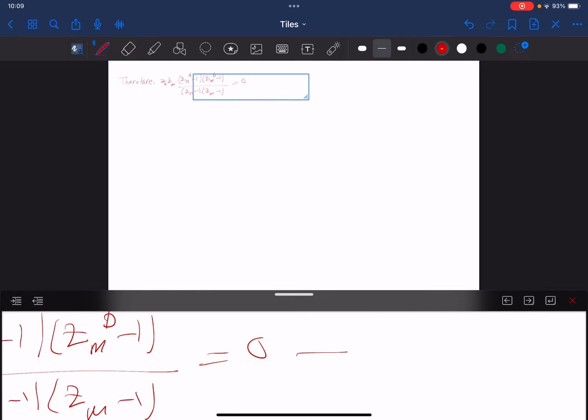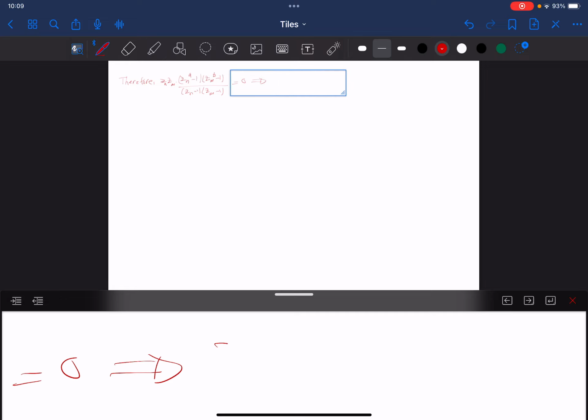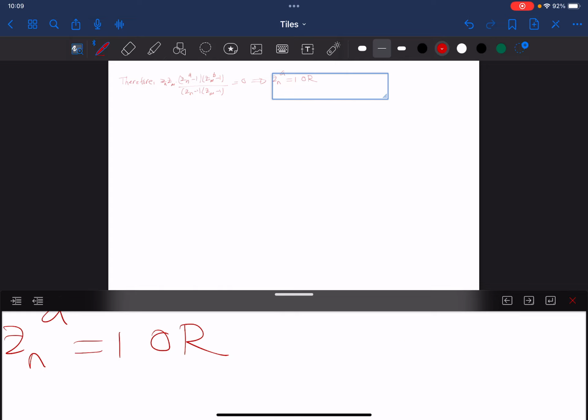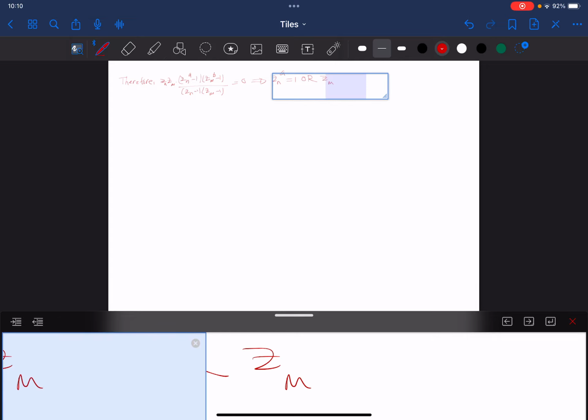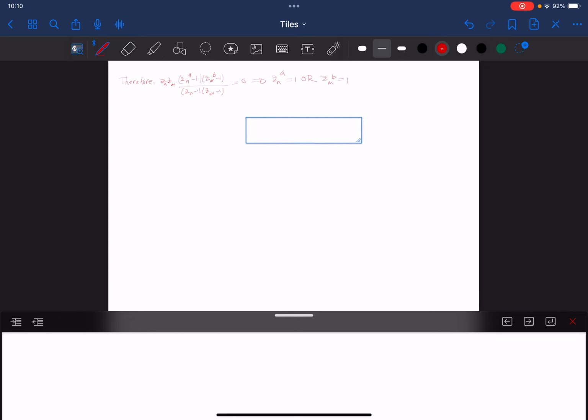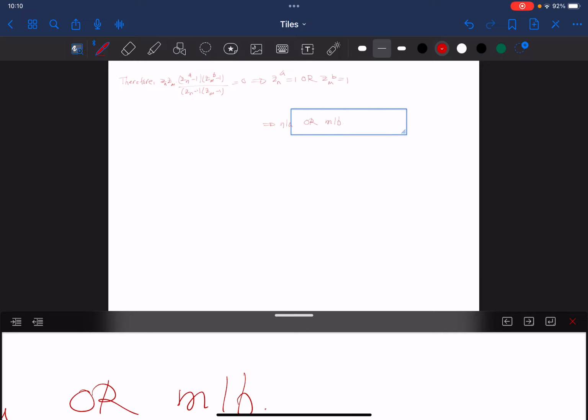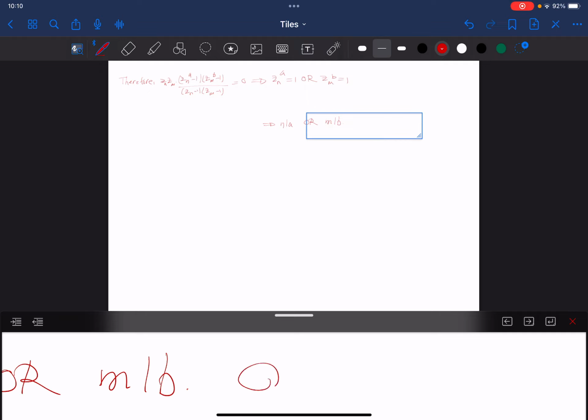This means that either Zn to the power a is 1 or Zm to the power b is 1. By definition of roots of unity, this means that n divides a or m divides b. And that completes the proof. Thank you for watching.